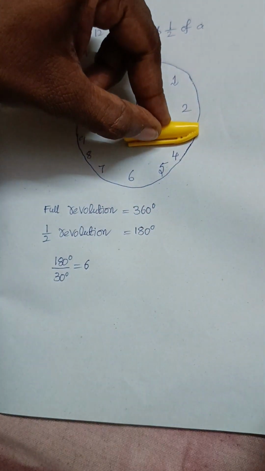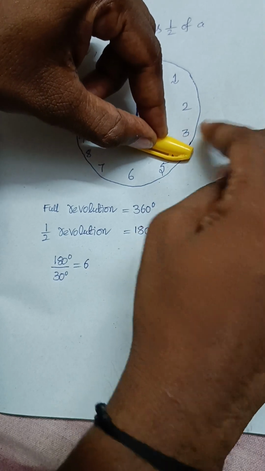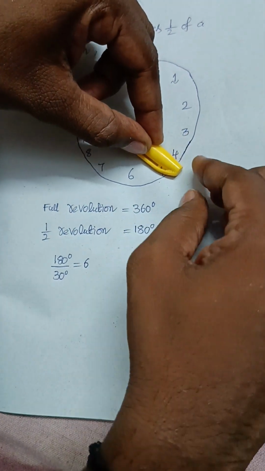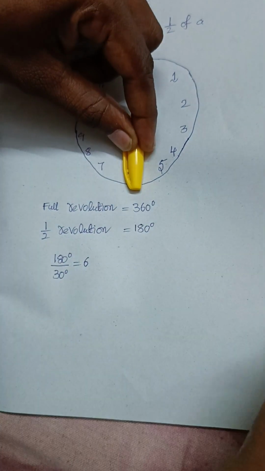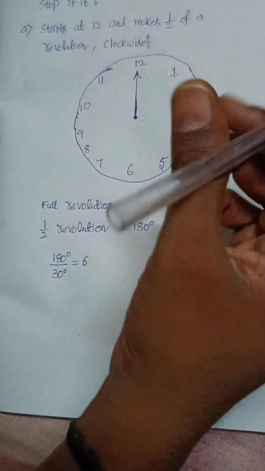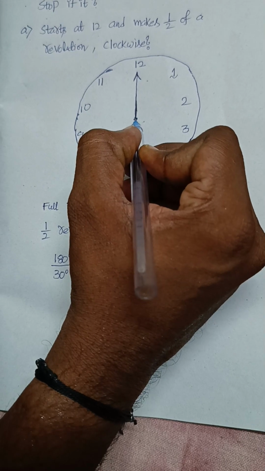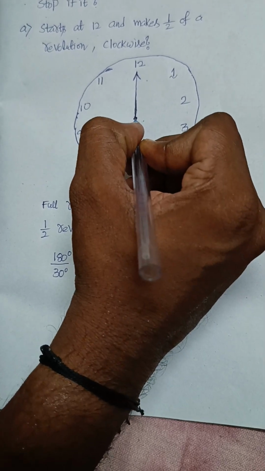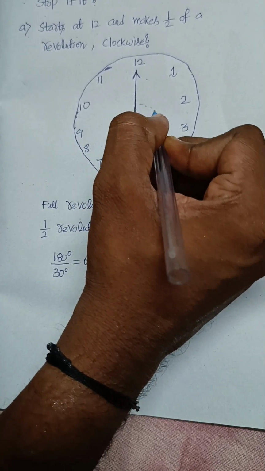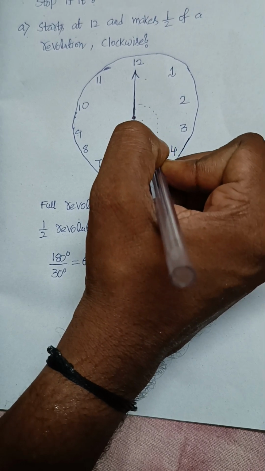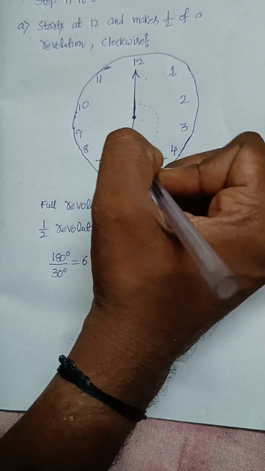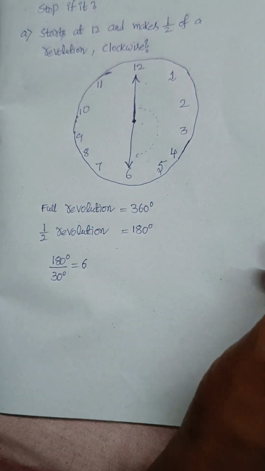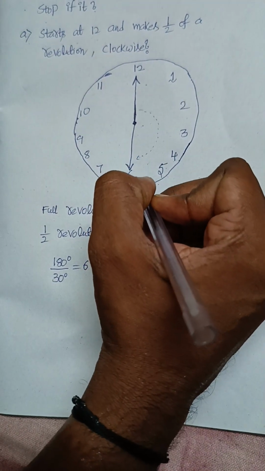Then it will move to 3, 90 degrees, 120 degrees, 150 degrees, 180 degrees. So it has completed half revolution now. So when the hand of a clock completes half revolution by rotating in a clockwise direction, it will stop exactly at 6. So the answer for this question is 6.